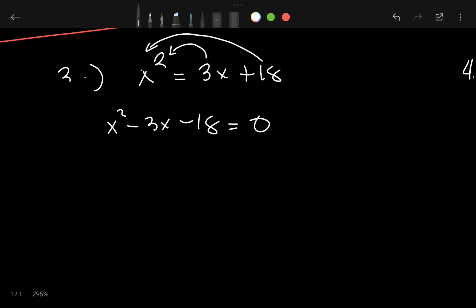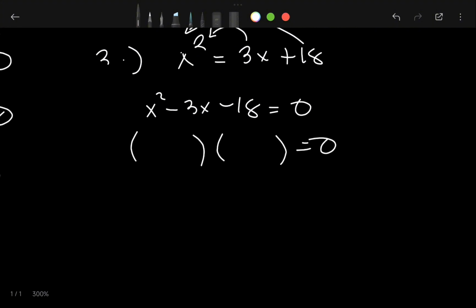Now we just need to get the two numbers whose product is negative 18 and their sum is negative 3. Factors of x squared, so we have x times x. What are the factors of negative 18?